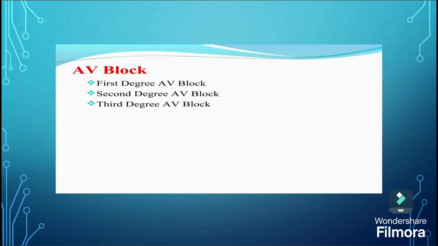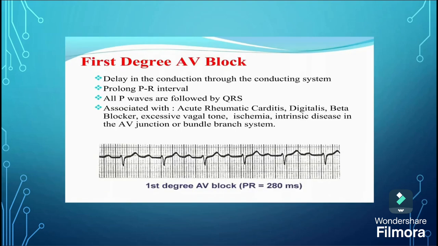Now AV block. There are three types of AV block: first degree AV block, second degree AV block, and third degree AV block. First degree AV block, there is a delay in conduction through the conducting system. Prolonged PR interval.